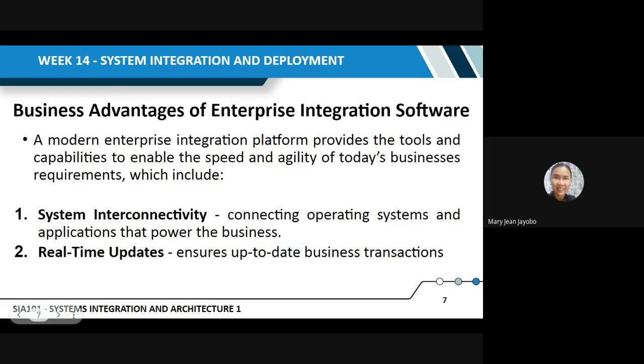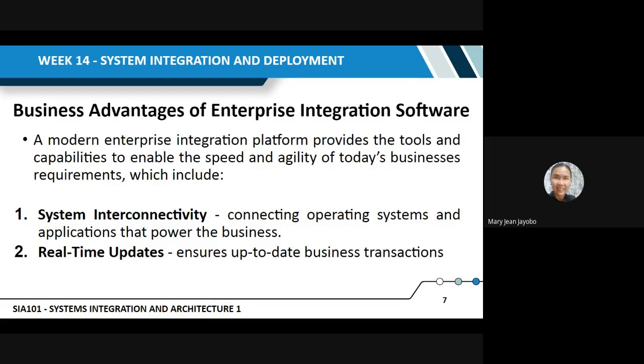Now, the allure of an enterprise integration platform is that it connects the operating systems and applications that power the business. It connects employees, customers, partners, processes, application systems, and other technologies within the enterprise.